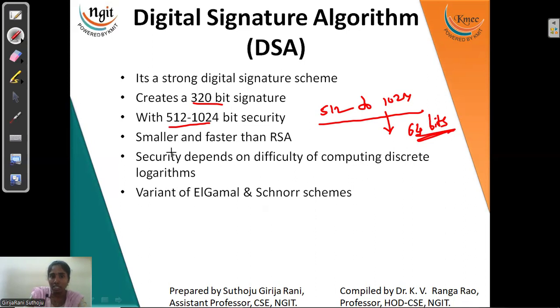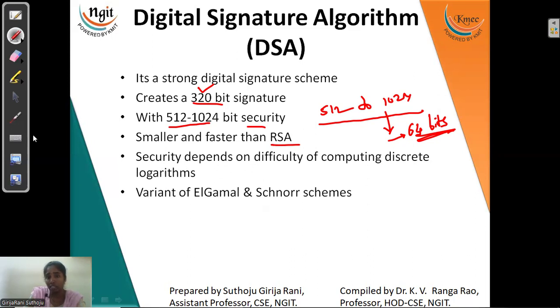So the first point to be noted about this digital signature is that it can create 320 bits of signature, it can accept 512 to 1024 message bit size for security, and it has to go with 64-bit blocks every time. It is faster and smaller than RSA.